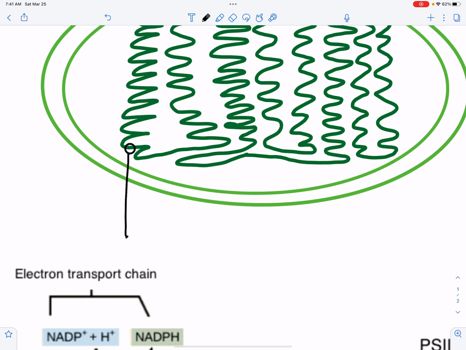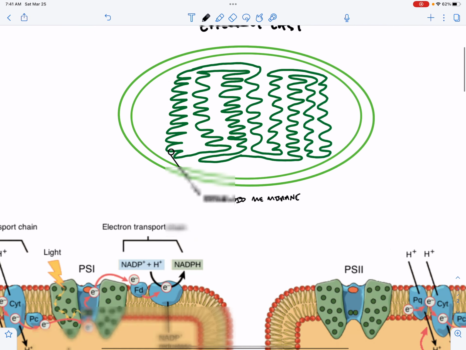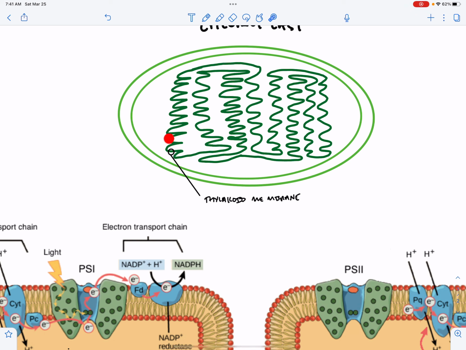So this is the thylakoid membrane. And it's not a T. And the membrane, this is one continuous membrane all throughout the thylakoid system.